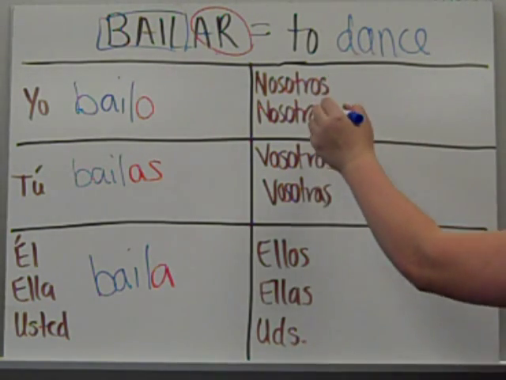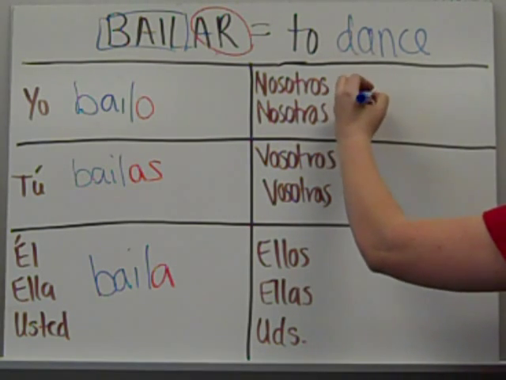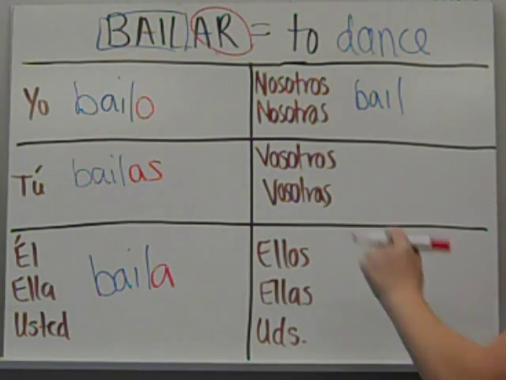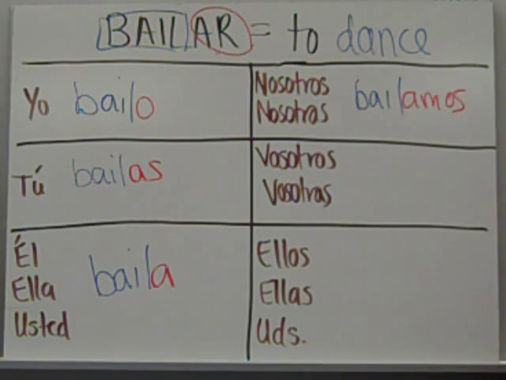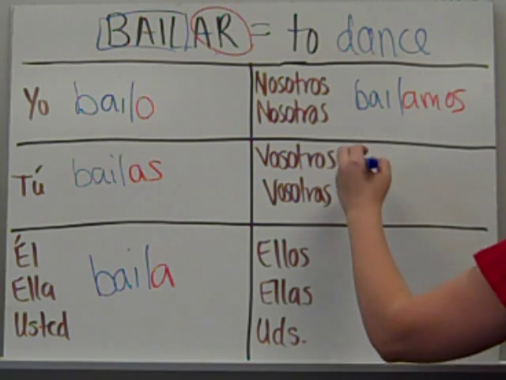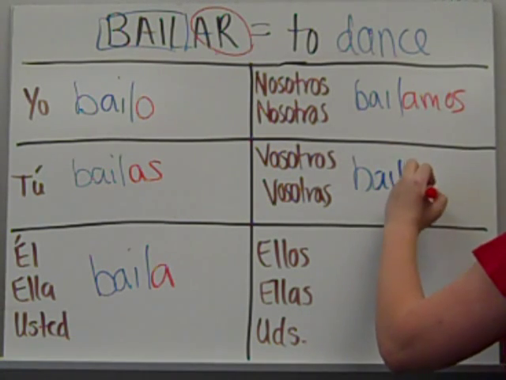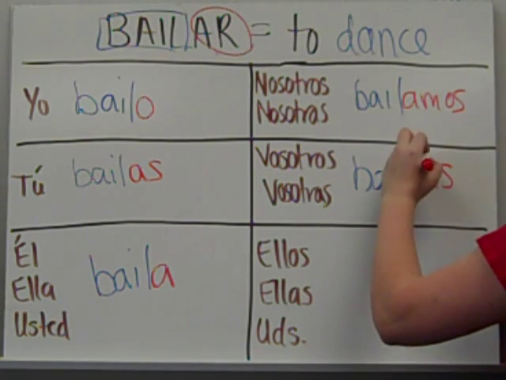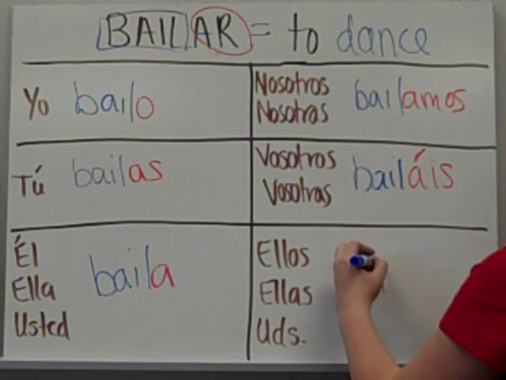Moving over here. Nosotros and nosotras, we boys and we group of girls dance. Bailamos. Vosotros and vosotras, you all, remember only used in Spain. Bailáis, accent on that A, it is wrong without the accent.